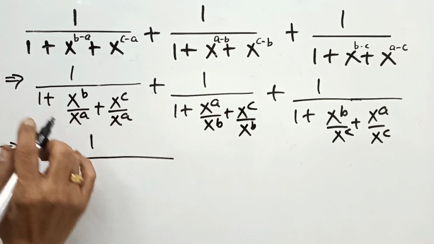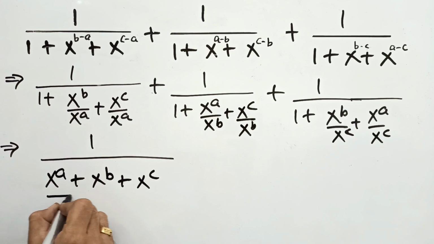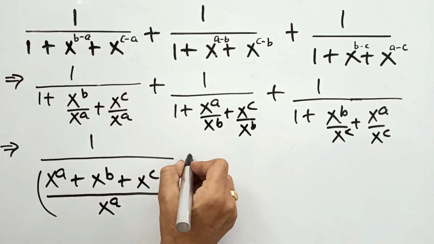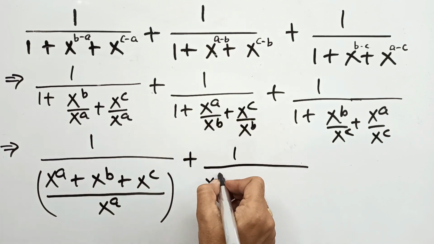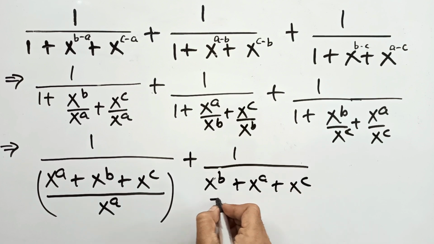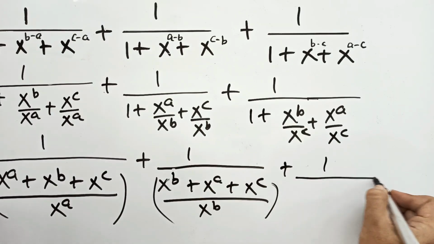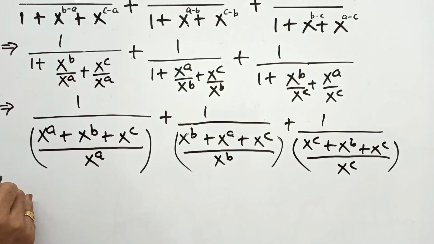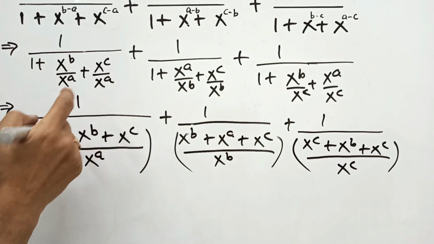Now this is the LCM, so this will be the denominator of this fraction. 1 upon this denominator. x to the power b is in the denominator, LCM. Now in a fraction, the denominator upon this denominator will become the numerator.